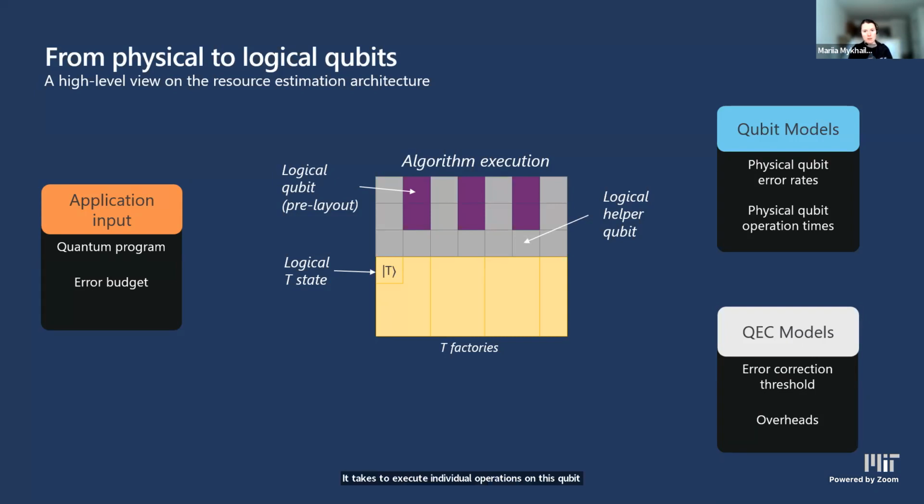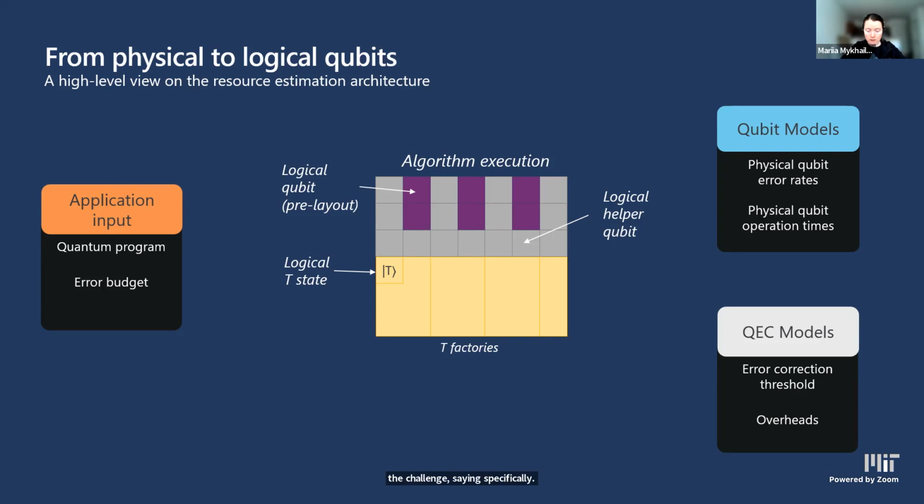And another thing that it takes detailed information about is the quantum error correction model, the parameters of the error correction scheme. I'm kind of going into details here. That's more details than you will need for the challenge, but I want to give you an overview before we dive into the challenge specifically.